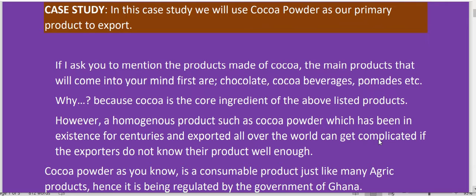Because cocoa is the core ingredient of the above listed products.